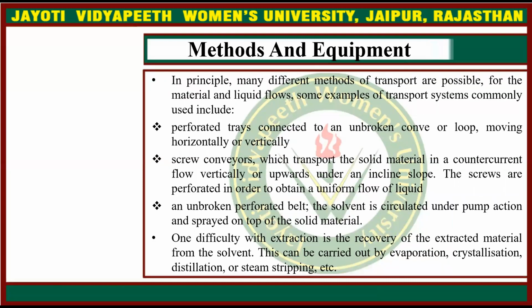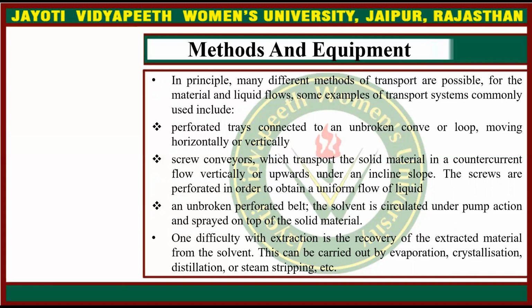In principle, many different methods of transport are possible for the material and liquid flows. Some examples of transport systems commonly used include perforated trays connected to an unbroken chain or loop, moving horizontally or vertically, and screw conveyors which transport the solid material in a countercurrent flow, vertically or upwards under an inclined slope.